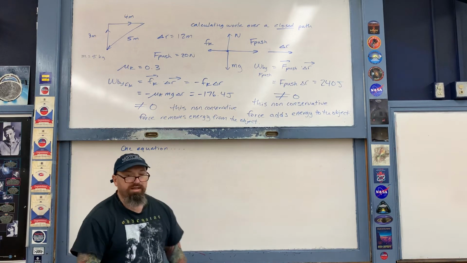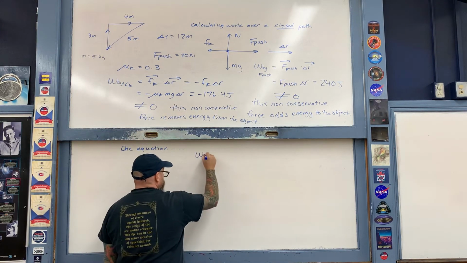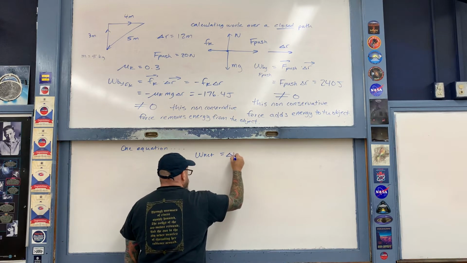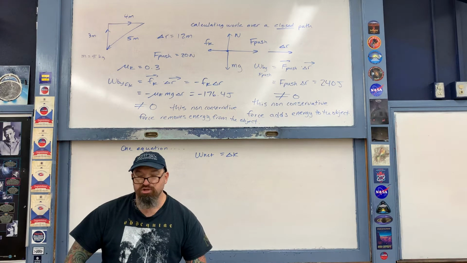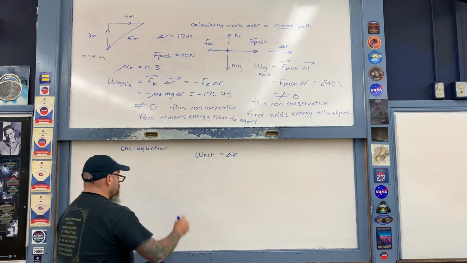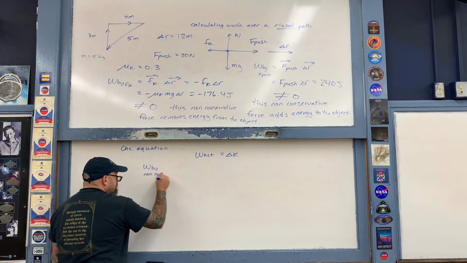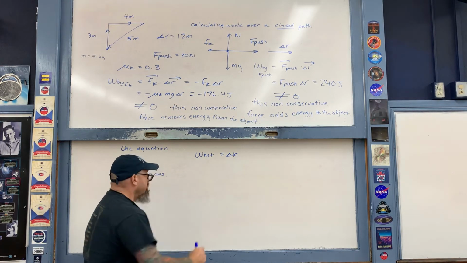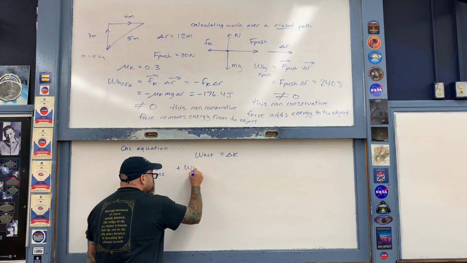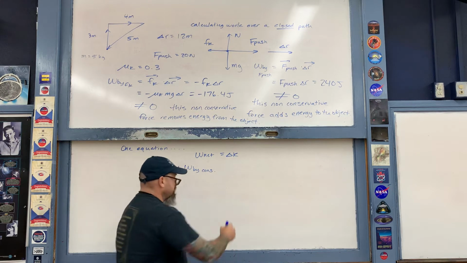As is always the case, we always start with the work energy theorem. Net work equals change in kinetic energy. But now we recognize that the left-hand side of the expression is two things. It's the work done by any non-conservative forces that may be present, such as a pushing force or the force of kinetic friction, plus the work done by any conservative forces that may be present, such as gravity and the spring force.